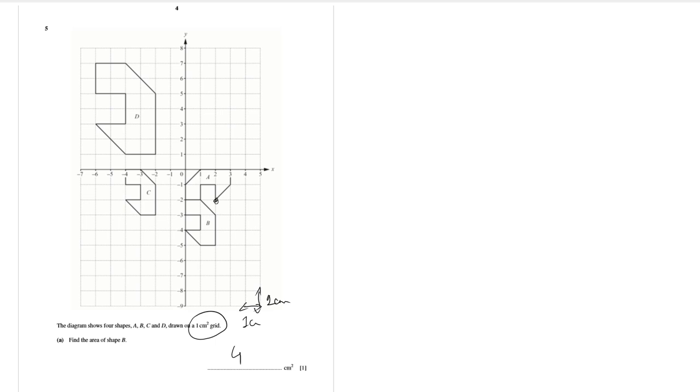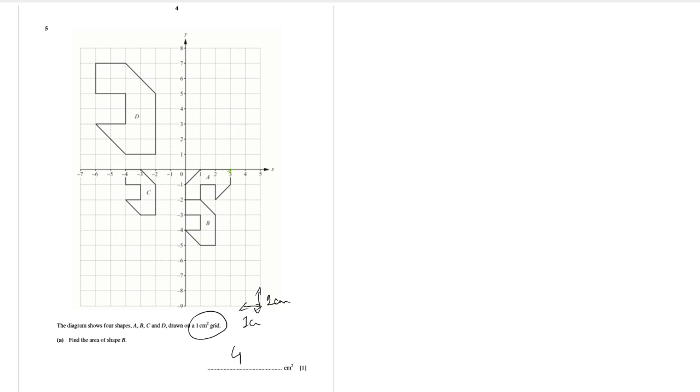Like if I'm joining this corner with this corner, and you can join another corner, like I may join this corner with this corner. If these two joining lines intersect each other, this is not a reflection. For reflection, it will always be parallel lines. So it's definitely a rotation.